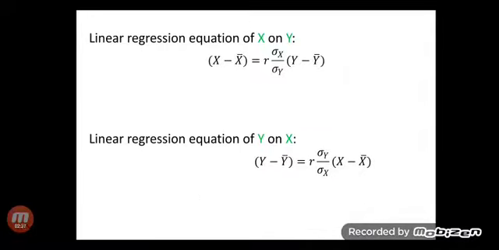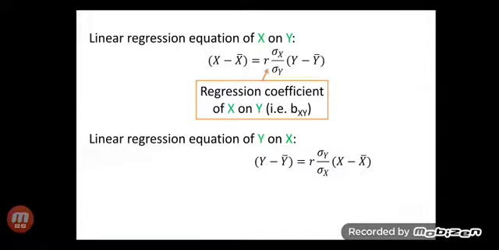The linear regression equation of x on y is x minus x bar equal to r into sigma x by sigma y into y minus y bar. Here, r into sigma x by sigma y is known as the regression coefficient of x on y, and it is denoted by bxy.